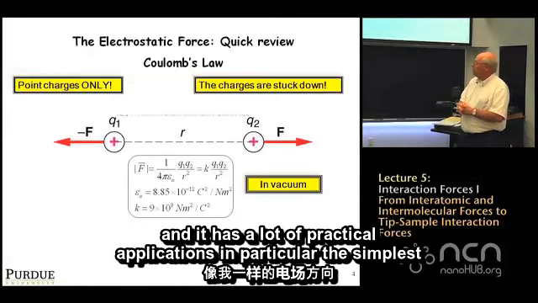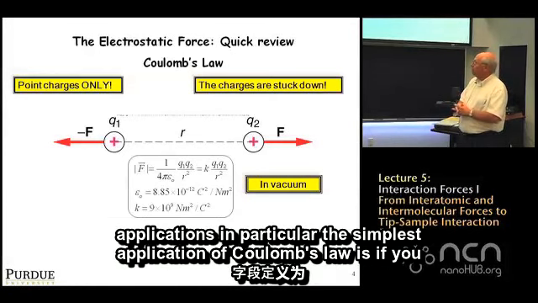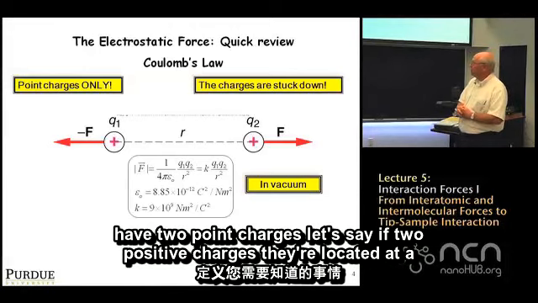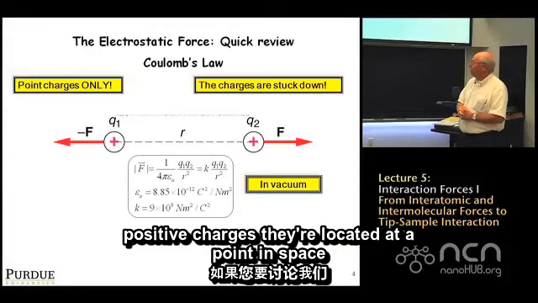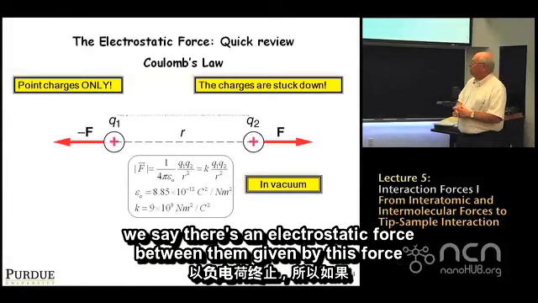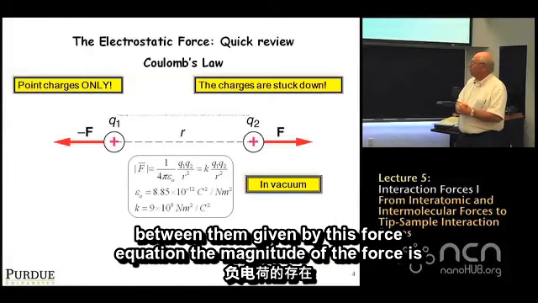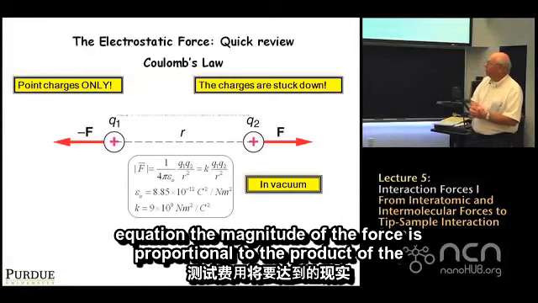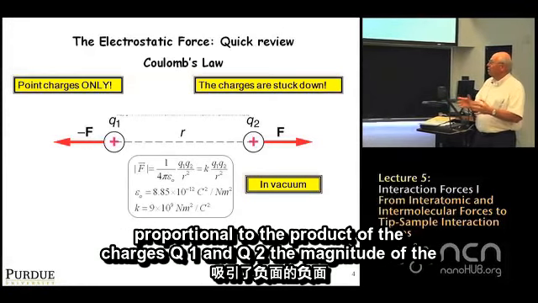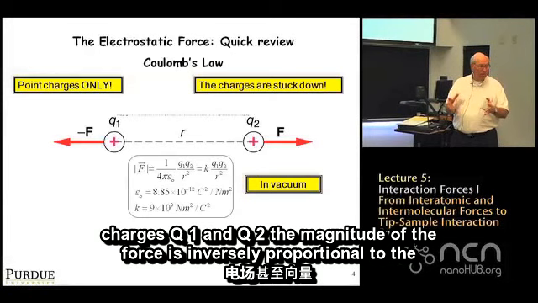In particular, the simplest application of Coulomb's law is if you have two point charges, let's say two positive charges. They're located at a point in space. We say there's an electrostatic force between them, given by this force equation. The magnitude of the force is proportional to the product of the charges, Q1 and Q2. The magnitude of the force is inversely proportional to the distance squared.